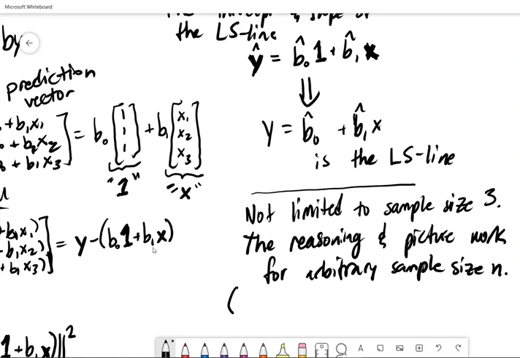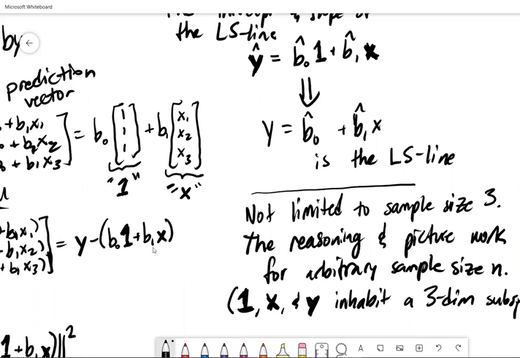But that's not really a problem, because 1, x and y inhabit a 3-dimensional subspace of Rn.